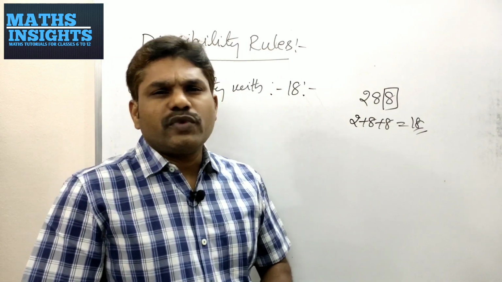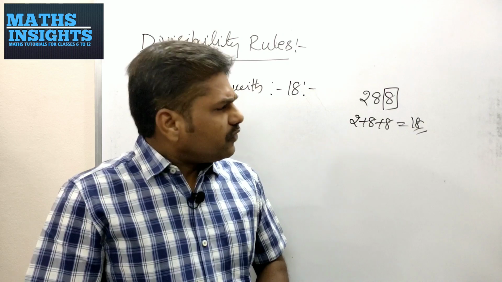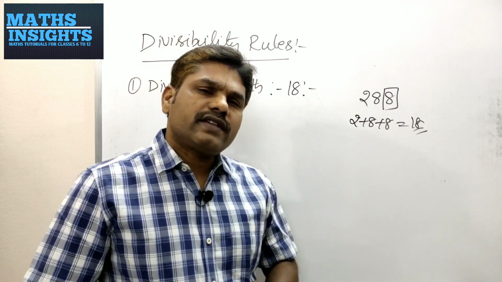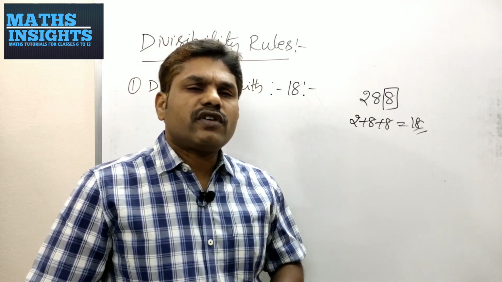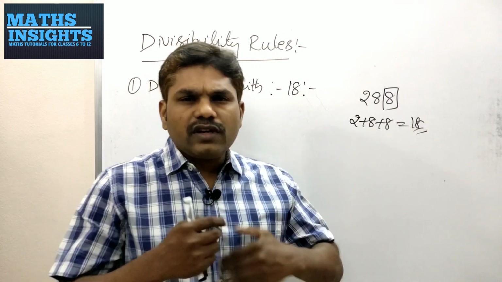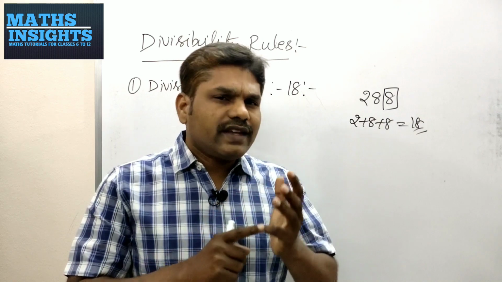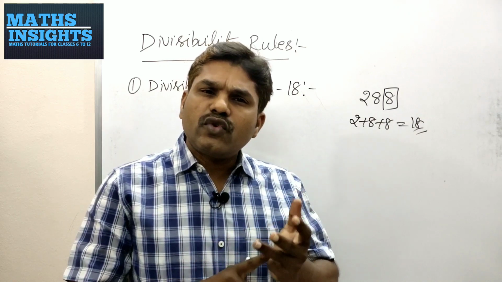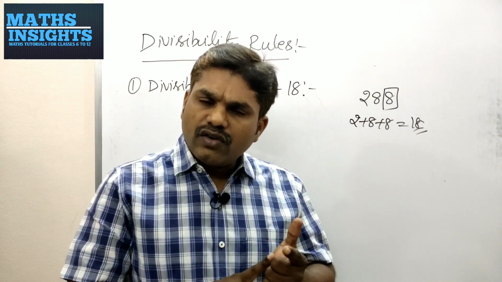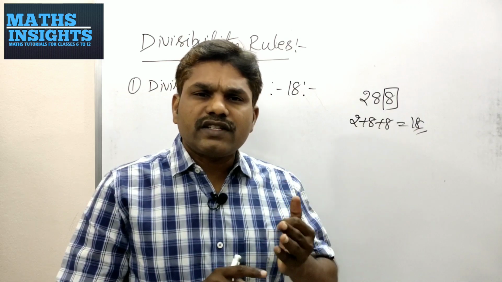These are the main divisibility rules. If you know all these rules, you can decide the divisibility of any number. Let me revise once. You are finding it very easy to decide the divisibility of 2, 5, and 10.